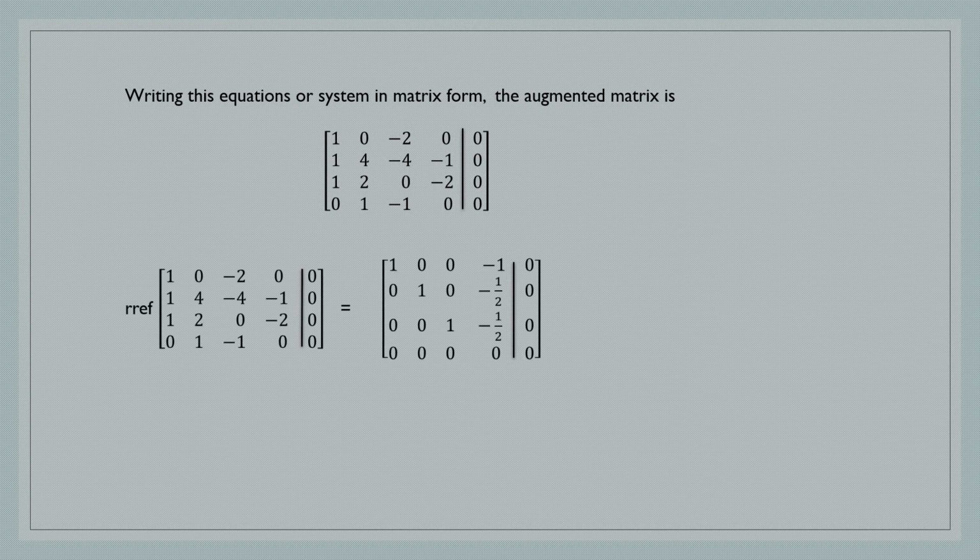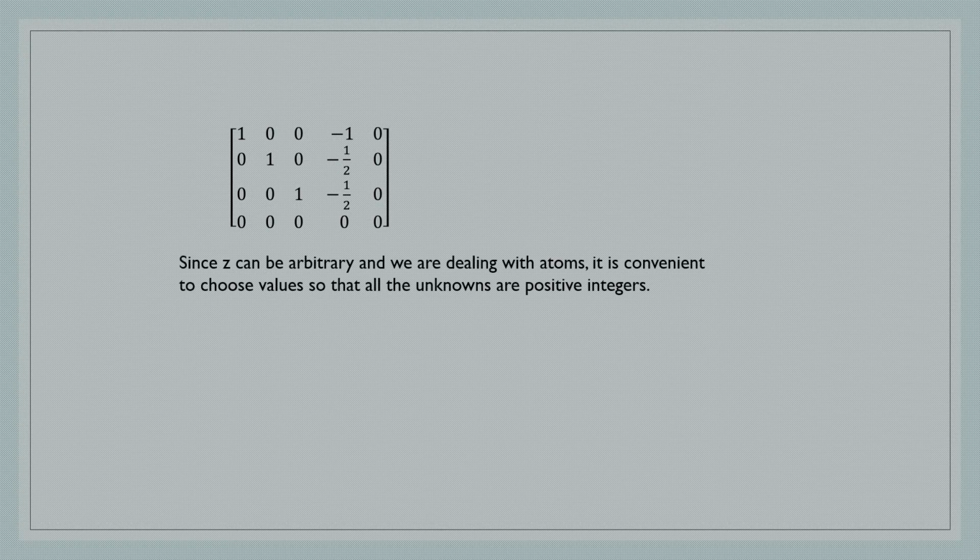If we take the reduced row echelon form of this, and you can even use your graphing calculator to get that, we get the matrix 1 0 0 negative 1 0, 0 1 0 negative half 0, 0 0 1 negative half 0, 0 0 0 0 0. The last row tells us that it has multiple solutions. This is the reduced row echelon form of the augmented matrix.